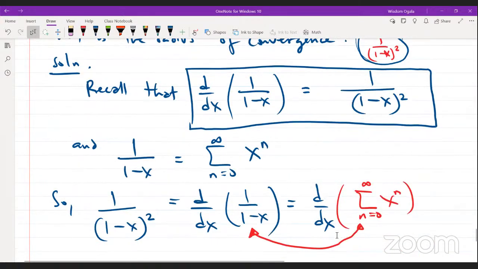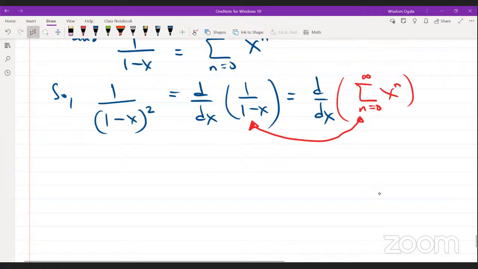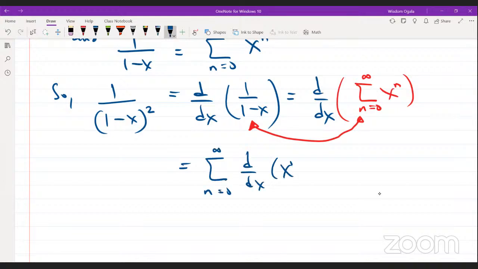The d dx is outside, I can apply it inside. So I can rewrite this guy as d dx of what you have on the inside, differentiated. If you do that, you have the sum from n equals 0 to infinity of n x to the n minus 1.